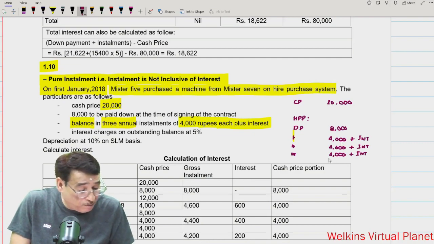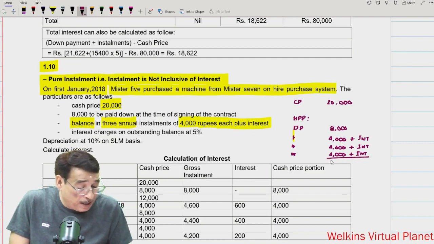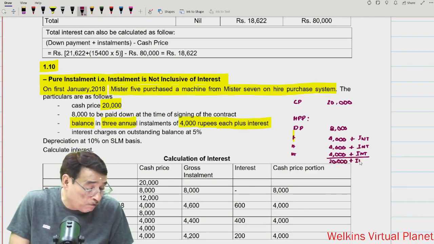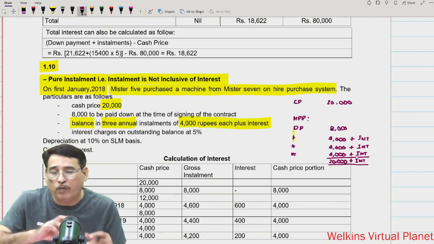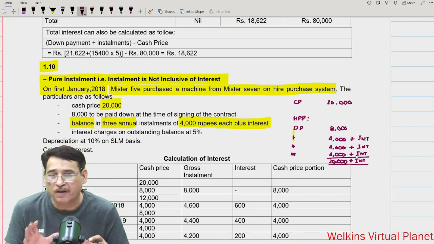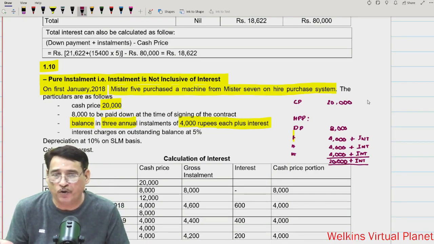So now if I am going to add, my hire purchase price will be equal to 20,000 plus interest. Hire purchase price will always be higher than the cash price, and it will be higher by the amount of interest. Correct? Because cash price plus interest is equal to hire purchase price.